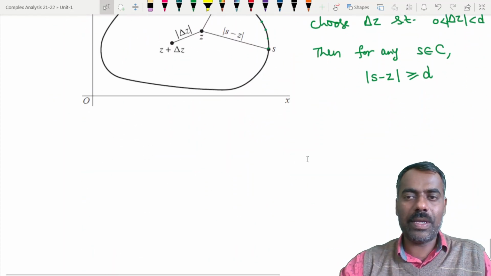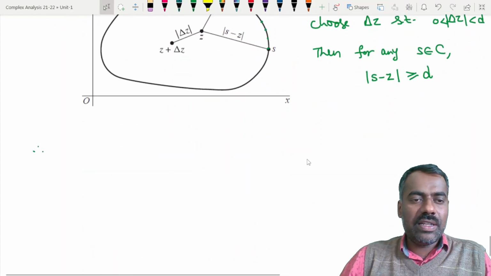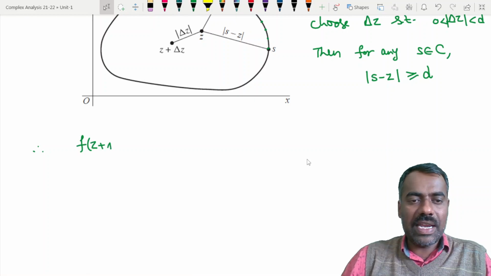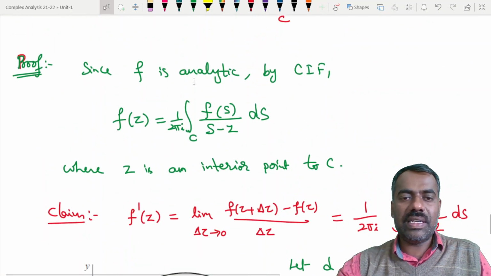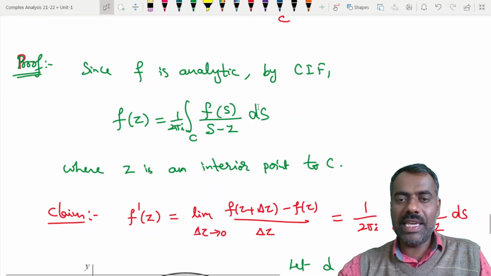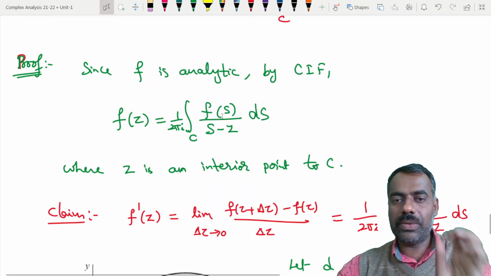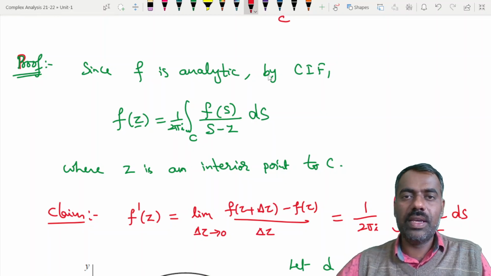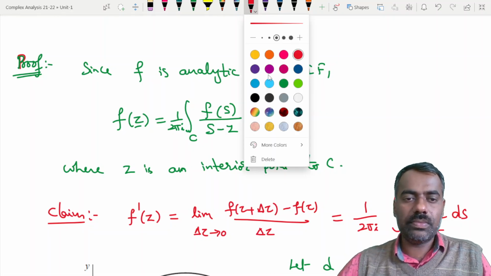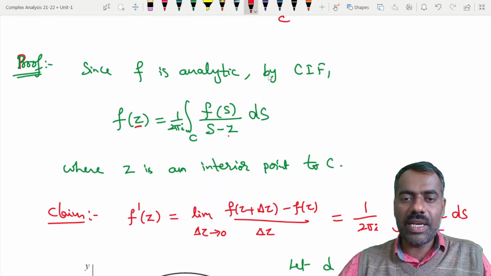Therefore, we will find f of z plus delta z minus f of z upon this delta z. Using this, wherever z is there, we write z plus delta z. Remember, inside here it is in terms of f of s, so there you don't need to substitute. This takes a little time. So this z will be replaced.